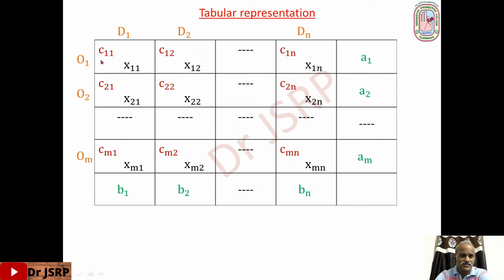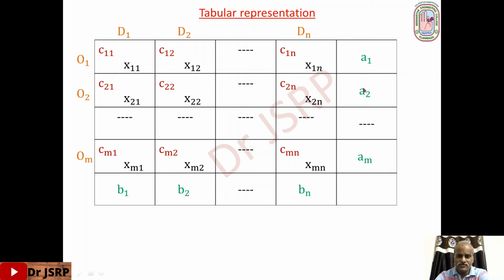In the table, here we take the unit transportation cost C11, C12, that is first origin to first destination, first origin to second destination, and so on, first origin to nth destination. And these are the amounts to be transported, X11, X12, and so on, X1n. Okay. So this is the tabular representation.